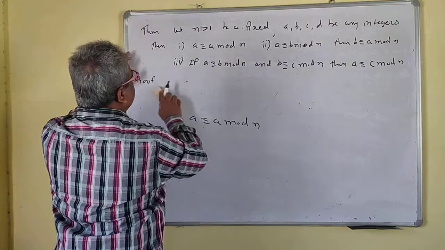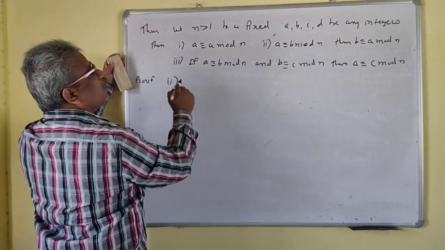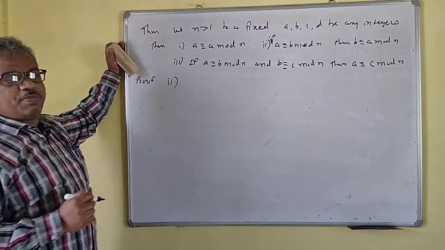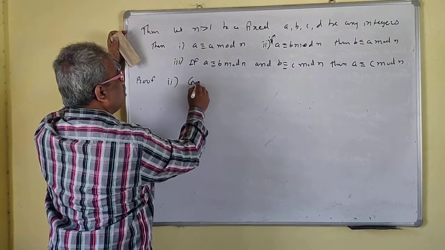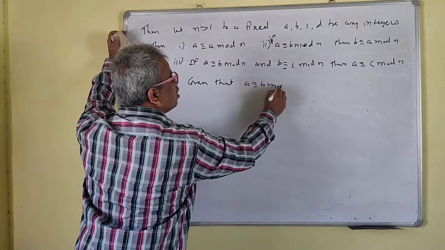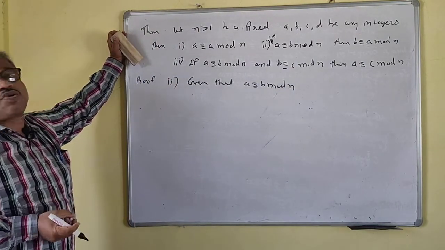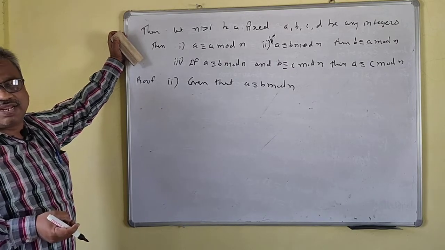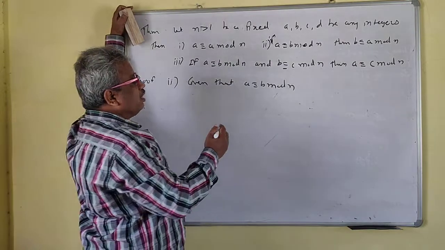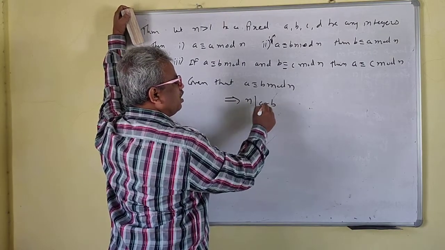The second one now. Proof of the second: what is given? Given that a is congruent to b mod n, what I have to prove is that b is congruent to a mod n. That means the relation is symmetric. What does this imply? n divides a minus b.